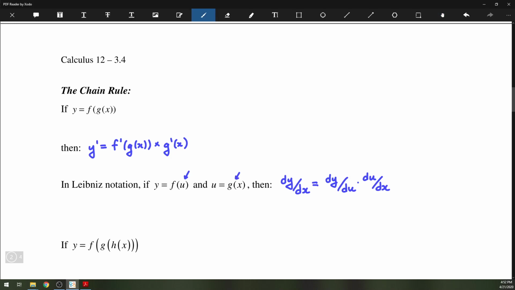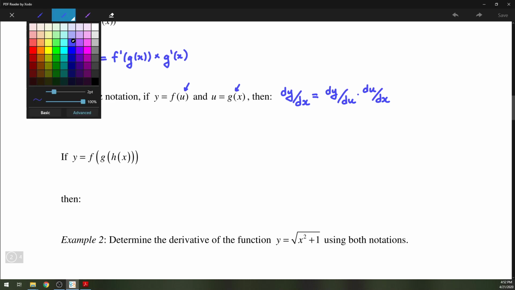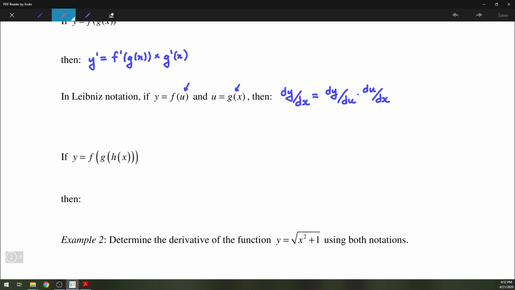Okay. So what if you have a composite function with more than two parts? Like you have an inner function and then another inner function and then an outer function after that. Well, then you can simply take the derivative like you usually would with the chain rule. So this would be f prime of g of h of x, of course.